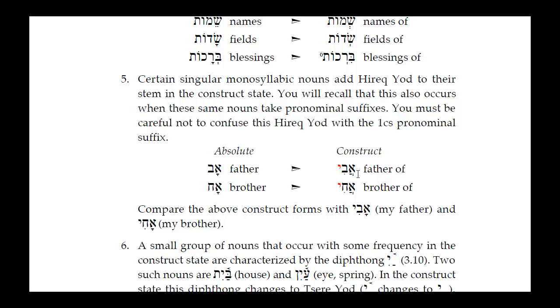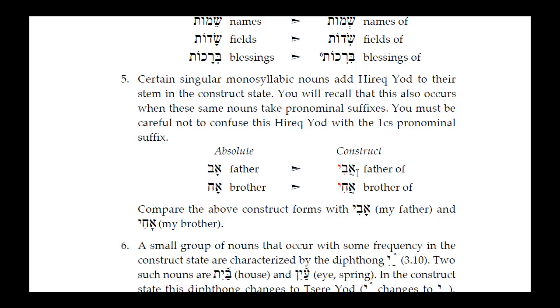Ach is absolute, masculine singular absolute for brother. Same thing. You have the Hirik Yod added in the construct, and you have the vowel reduction of the Qamets to a Hatef Patach. So the only difference is recognizing whether it has a Qamets or whether it has a Hatef Patach, a reduced A-class vowel here.